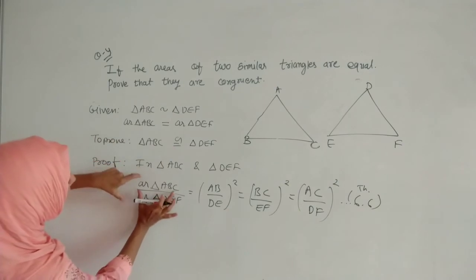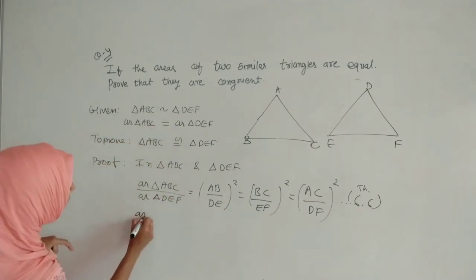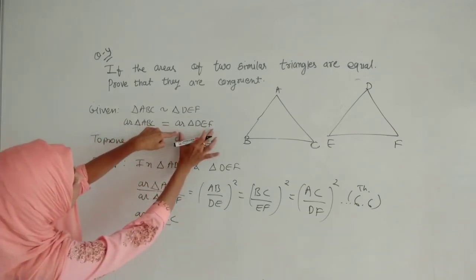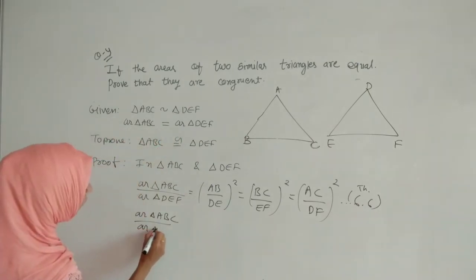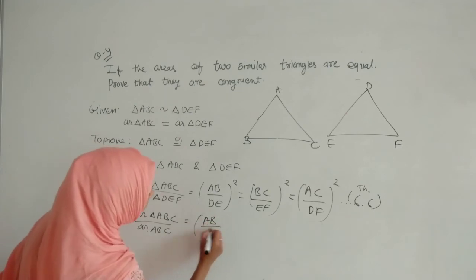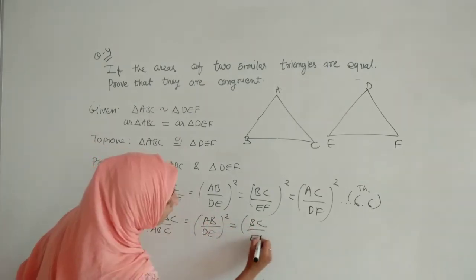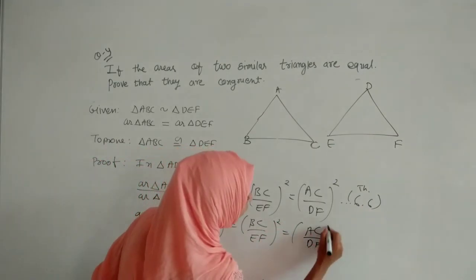But here area of ABC is equal to area of DEF. If we are replacing the value, on the place of DEF we can write area of ABC, so it will look like this, and this will be the same. AB by DE whole square equals BC by EF whole square equals AC by DF whole square.